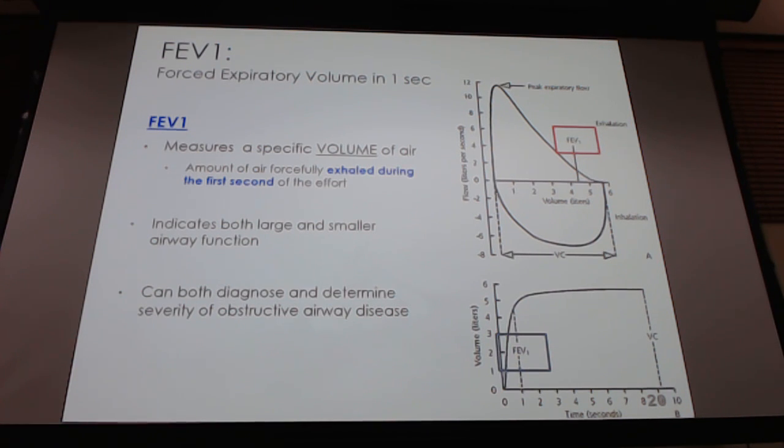So this is looking more at our bronchi and our bronchioles. So if it takes someone a long time to get that air out, we worry about things obstructing that airway. And the two most common things associated with the FEV1 being abnormal are asthma and COPD, which we will spend whole lectures on.